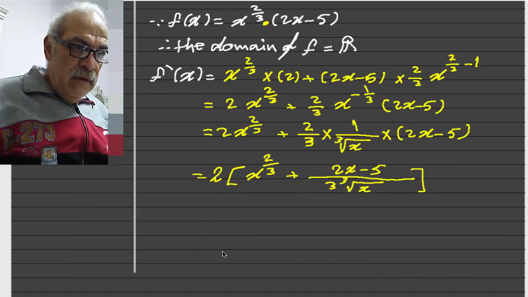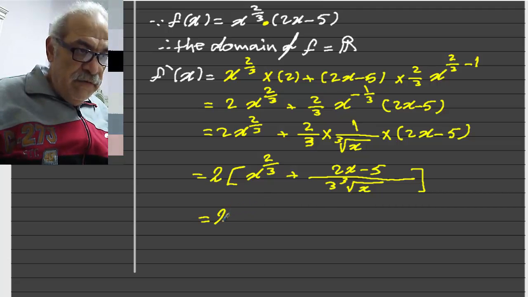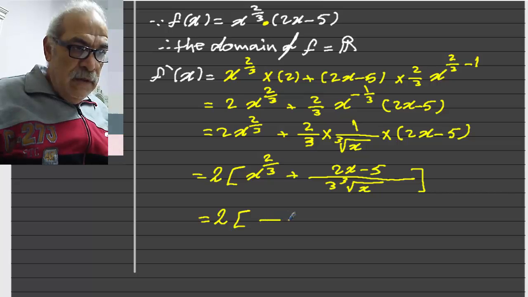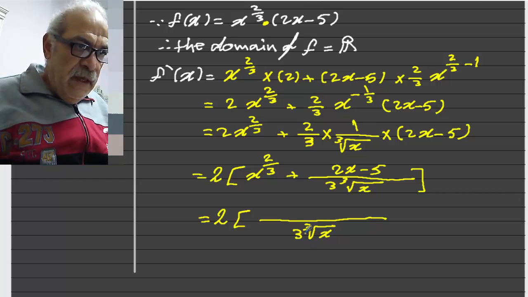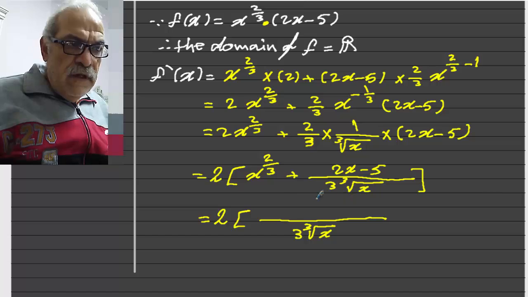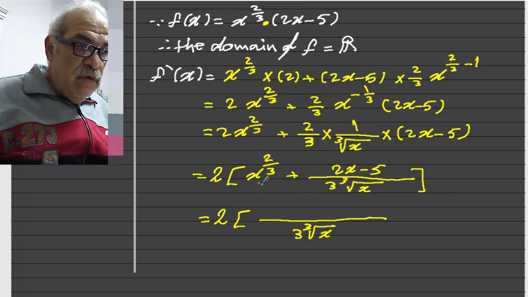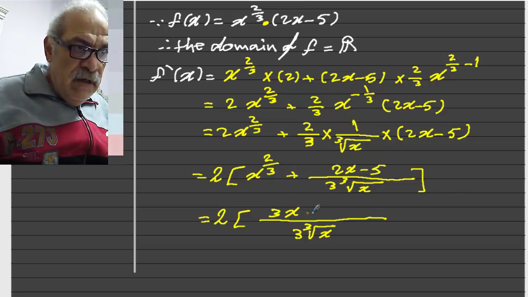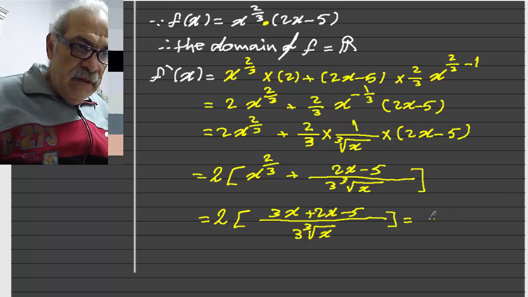And then we must add these two parts. Here we have 2 multiply, in the denominator we write 3 cubic root of x, and then here we have 3 cubic root of x multiply x power 2 over 3, it is equal 3 multiply 3x, plus 2x minus 5, and we simplify it.